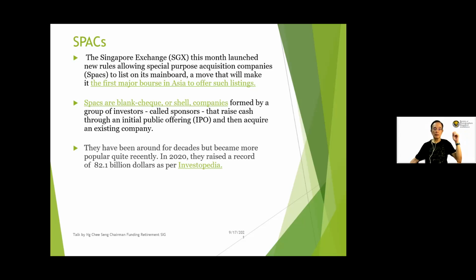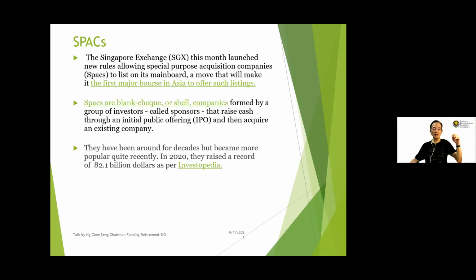Early this September, Singapore Exchange launched new rules allowing special purpose acquisition companies, in short SPACs, to list on its main board, a move that will make it the first major bourse in Asia to offer such listing. You know, Singapore always wants to be the so-called champion, first in this, first in that. So here they also want to claim to be the first in Asia to offer this listing.